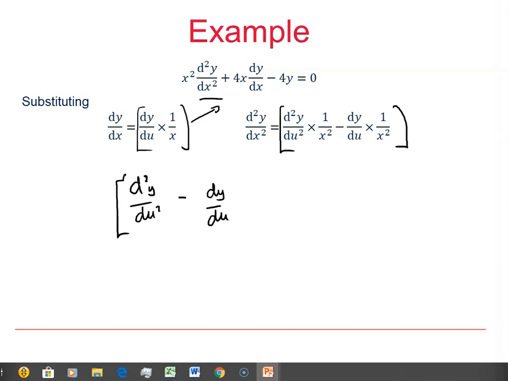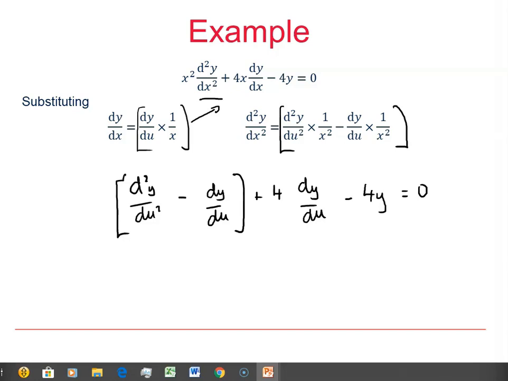That's from the substitution for the second derivative. We've then got plus 4 times dy by du. That's substituting for the first derivative, minus 4y is equal to 0.